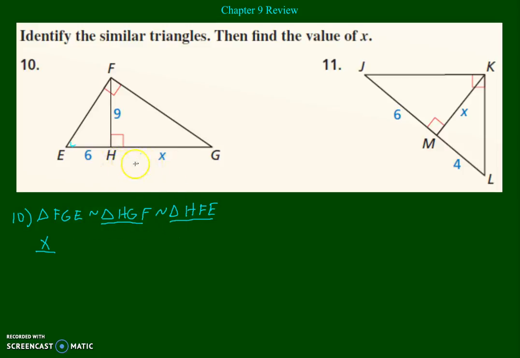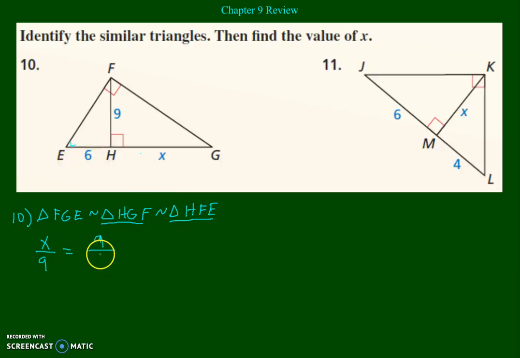So HG corresponds to HF. So HF is 9. And then I go back to my middle-sized triangle, and I have 9 here. That's the only other side in this triangle that I know about. And HF in my middle-sized triangle corresponds to HE in my little triangle.